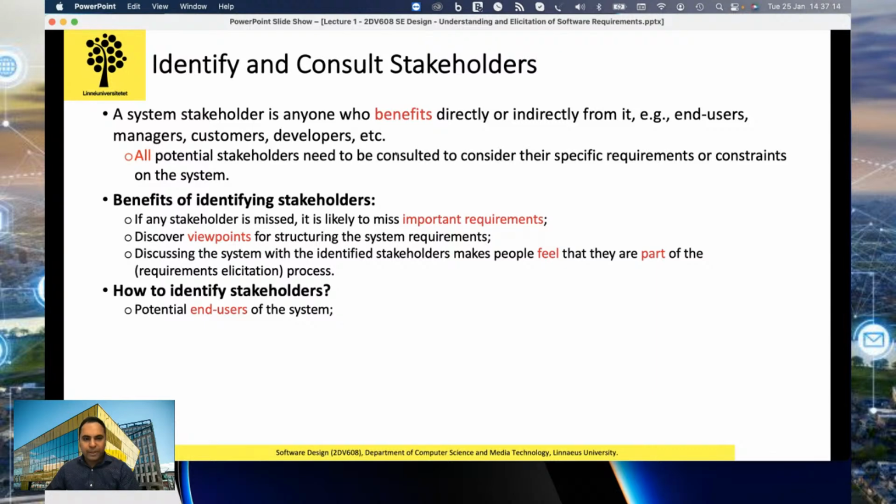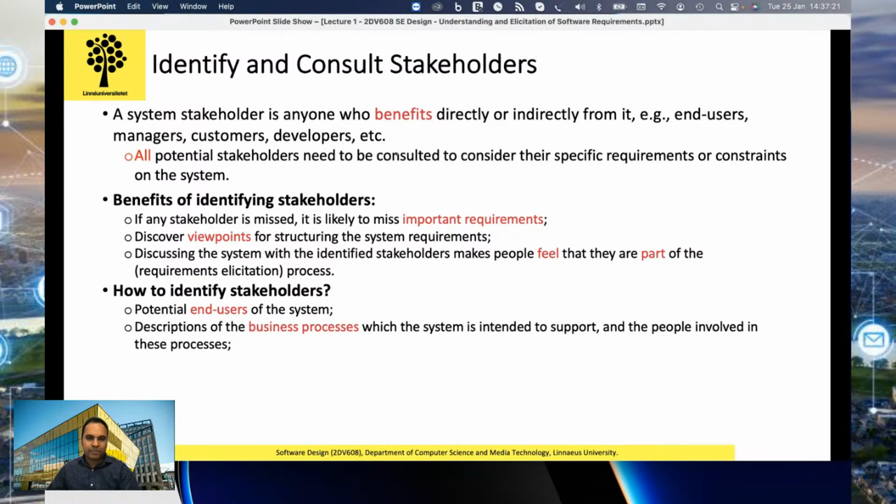So how can we identify the exhaustive list of stakeholders? First of all, the potential end users. From the business process, so we have a business process, right? Let's say we want to develop an e-commerce website. Obviously there is a company behind it who owns this e-commerce platform, and they have their own business process.